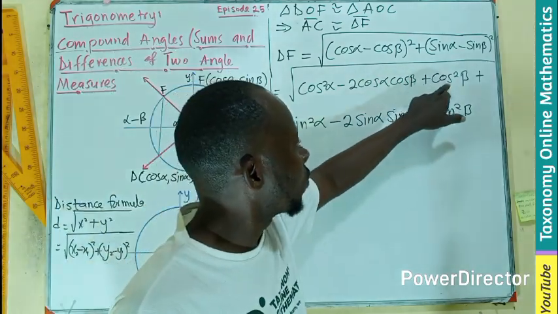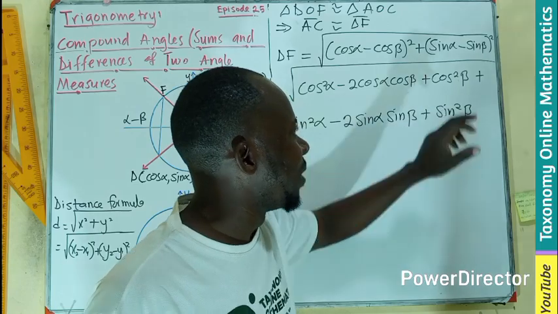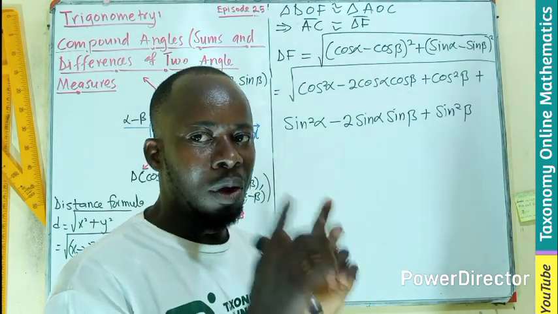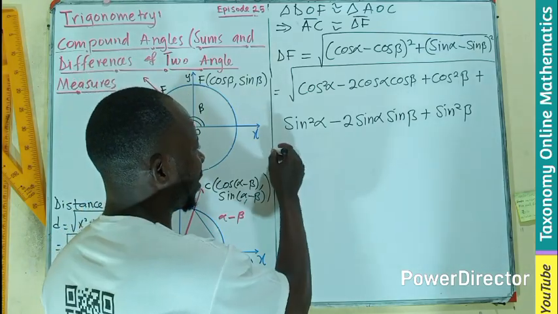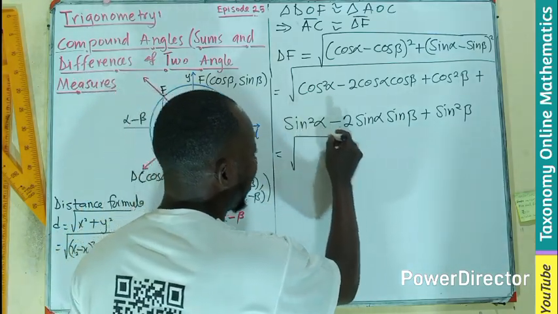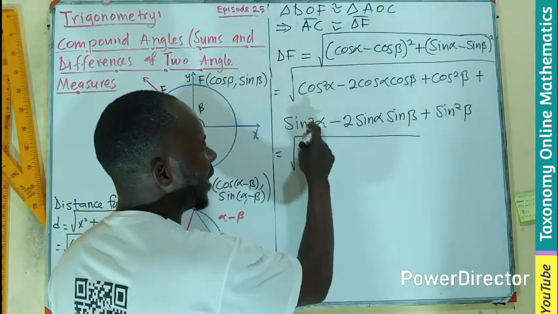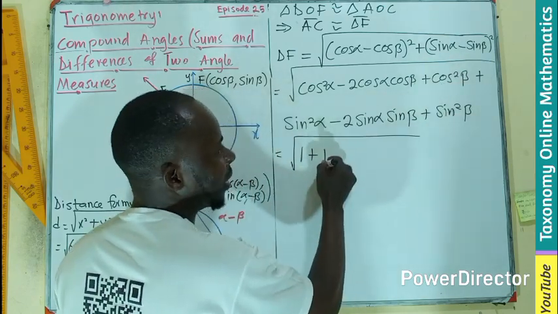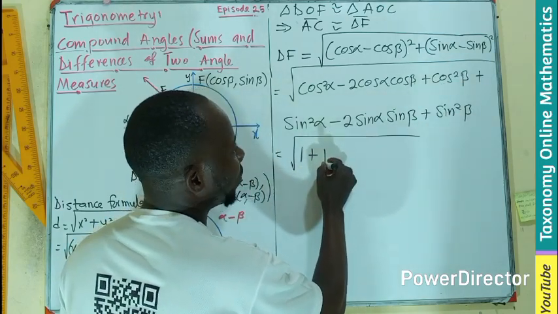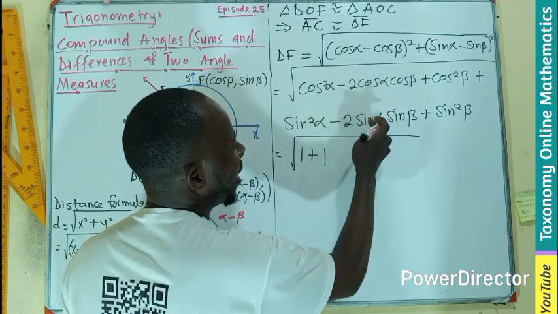Then cos square beta and sine square beta will also become 1. I mentioned because of space, I will be swallowing some of the methods. So this and this is 1, this and this is also 1. Then I should be left with only this and what?